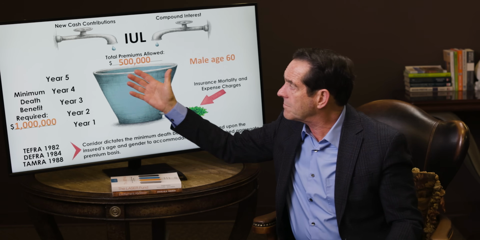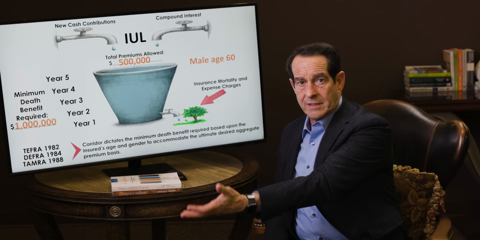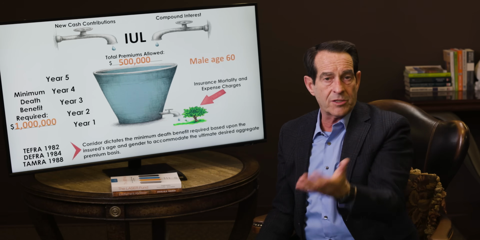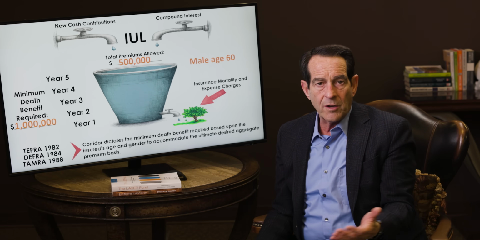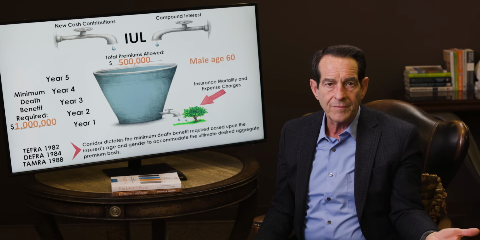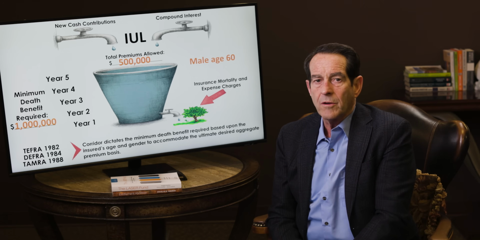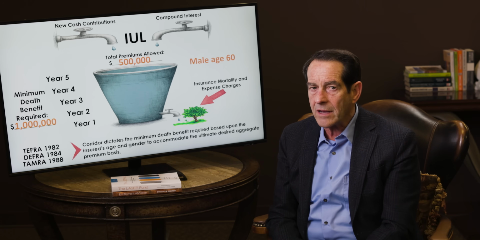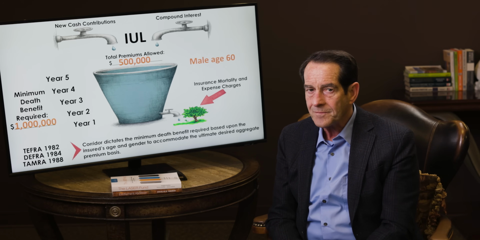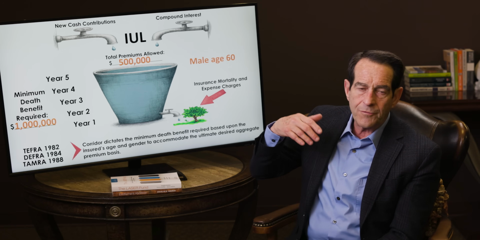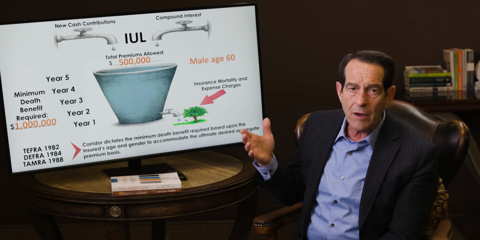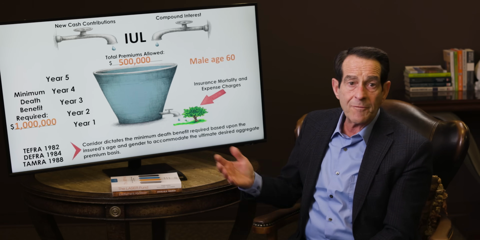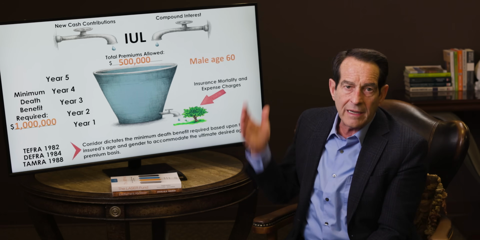So that means the net amount at risk, the insurance company pays out the same $1 million, but $500,000 of it's your own money. So they only were on the hook for the remaining $500,000. They're only charging you for that remaining $500,000 at risk. Is this making sense? So even though you're 4 years older, the insurance now is costing half as much as it did because half of it's your money.